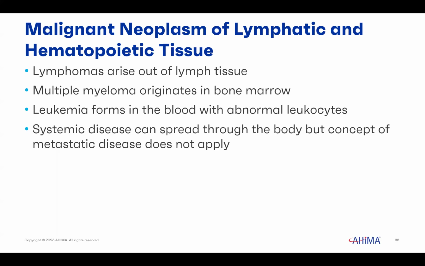Multiple myeloma originates in the bone marrow, and leukemia is basically a form of blood cancer with abnormal leukocytes. And these are systemic diseases that spread throughout the body, but the concept of metastatic disease, as we used to see with the other types of cancer, really doesn't apply here.